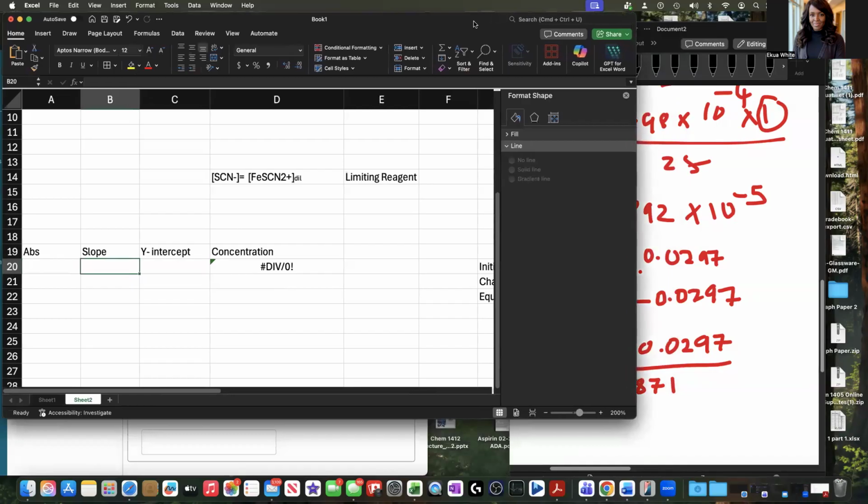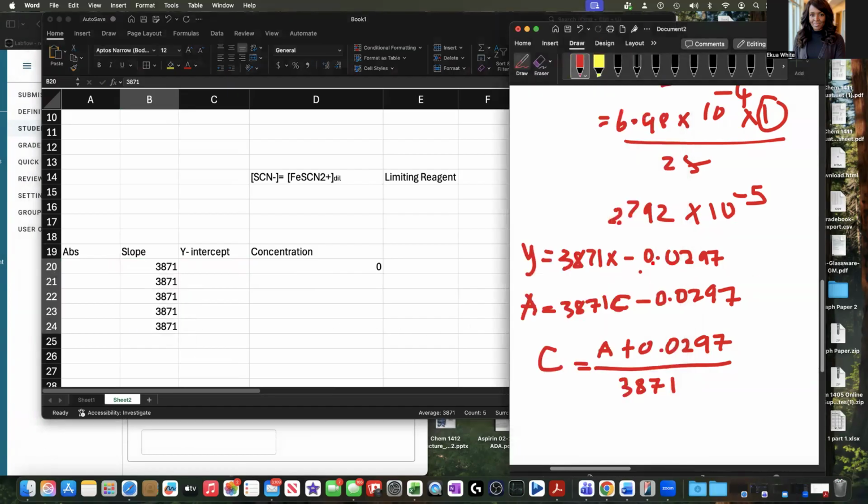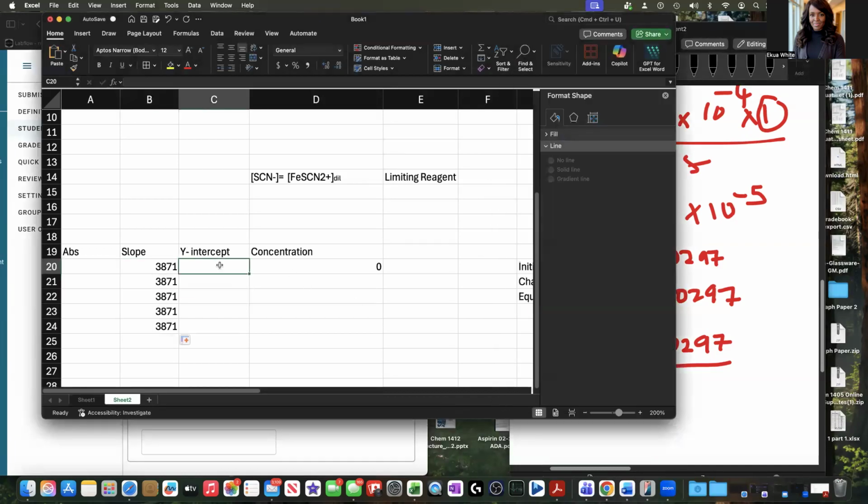So the slope value is 3871, and that's true for all 5 experiments, 1, 2, 3, 4, 5. The y-intercept is what we're adding to that. I'm going to write the positive number because it's going to be confusing. 0.0297.